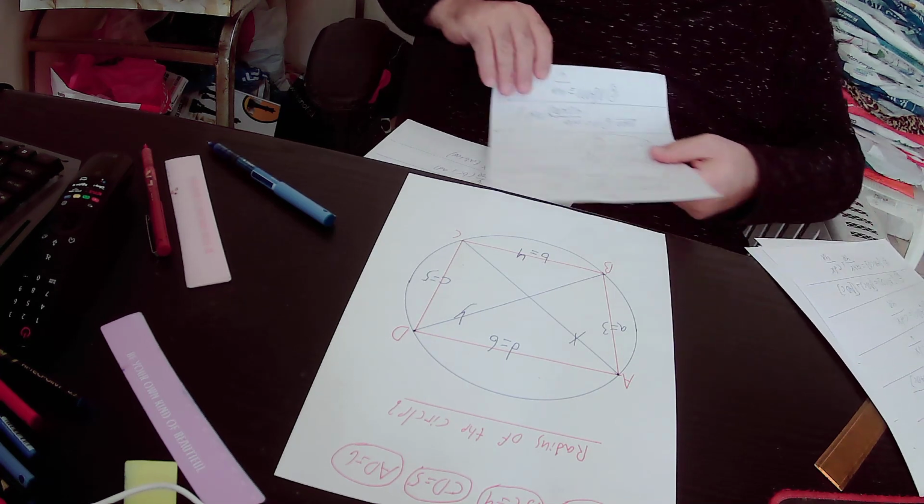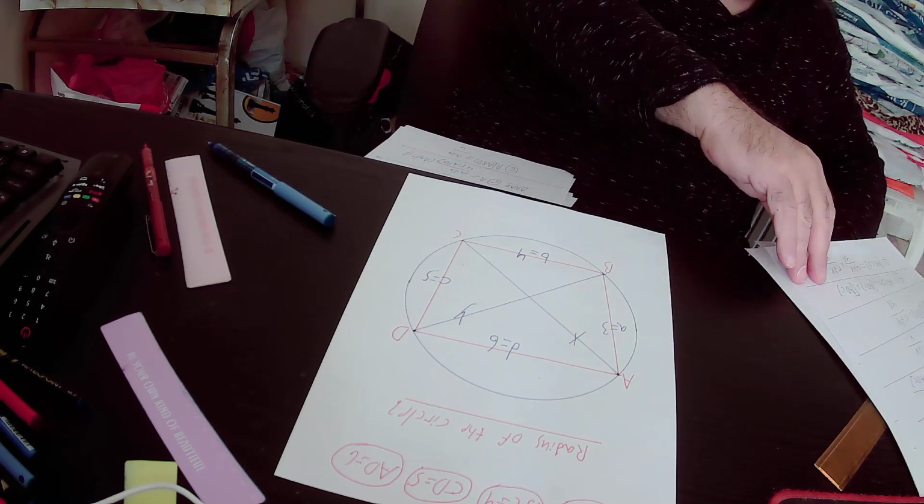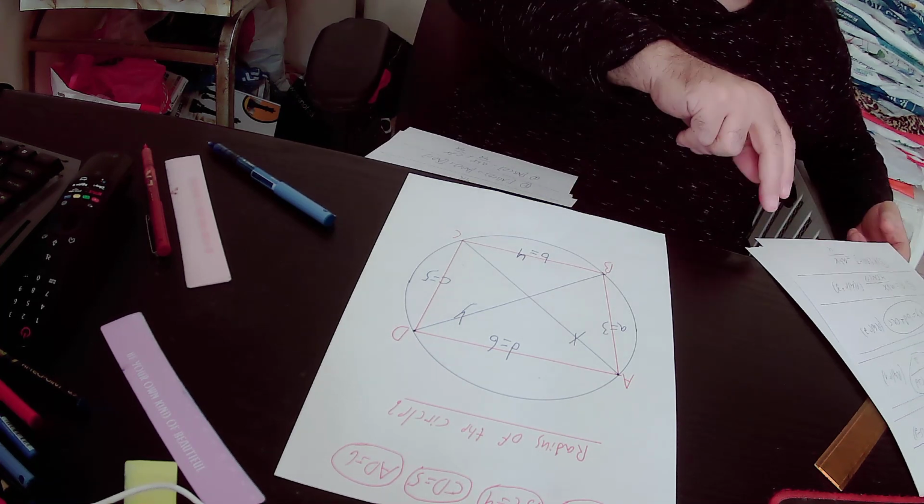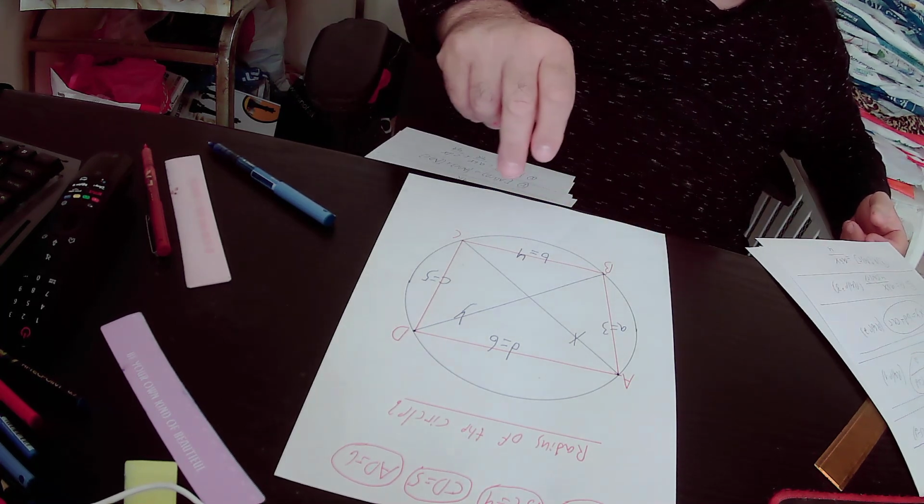Actually, the first rule is related to the area of quadrilateral ABCD that is inscribed by a circle.